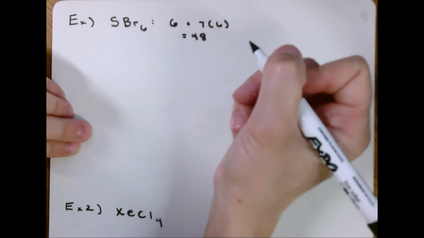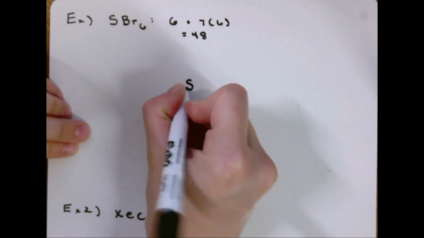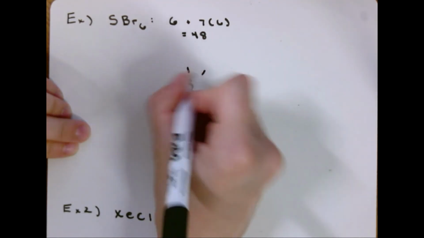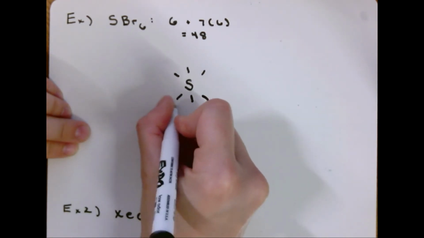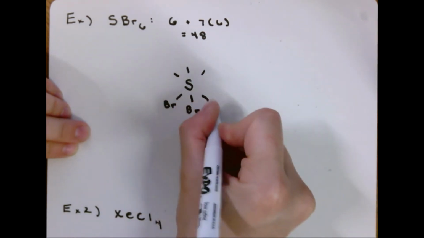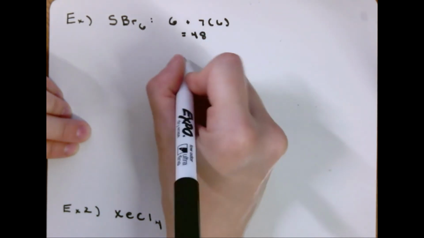Okay? Now I'm going to draw this. So keep in mind, I'm going to have sulfur as my central atom. I'm going to have 6 bromines coming off of it. So I automatically know this is going to be an expanded octet simply because I already have 6 bromines.